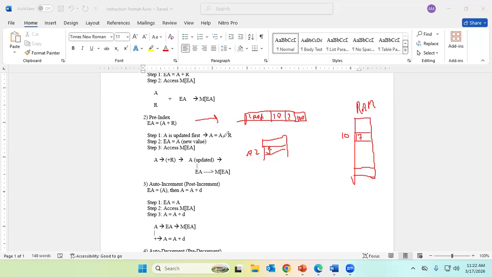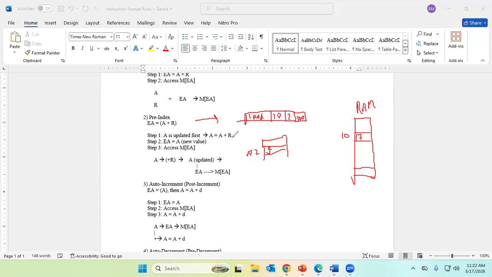The content of A. The content of A, A being a memory address. Memory address is 10. What's in it? It is 17. We are saying it, right? 17.